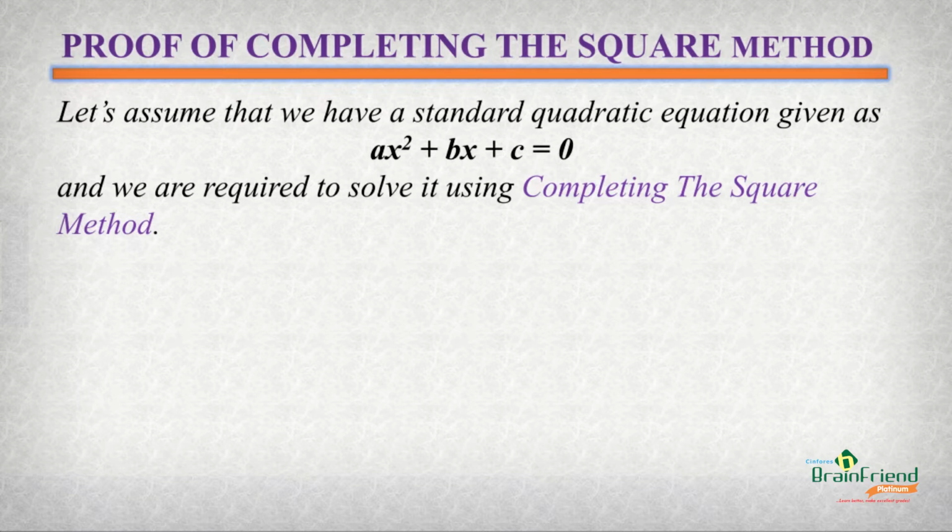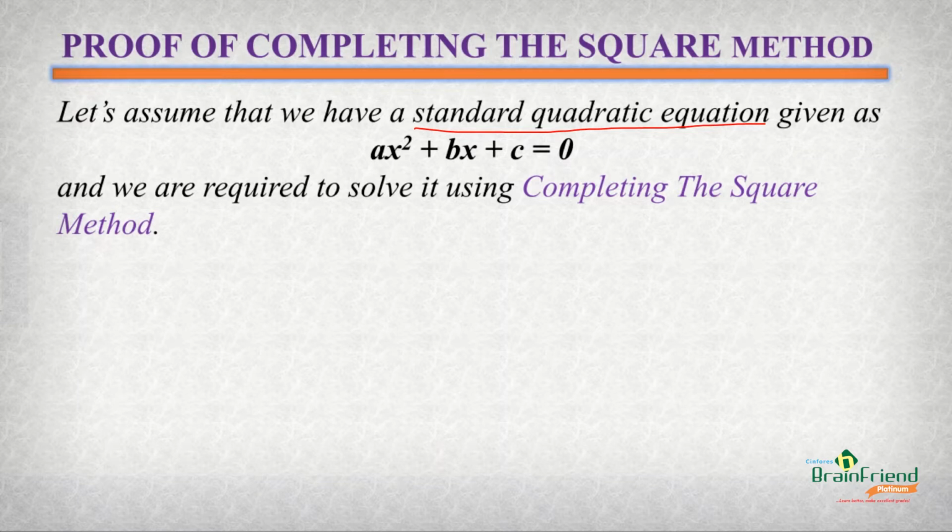Let's assume that we have a standard quadratic equation giving us ax squared plus bx plus c equal to 0. And we are required to solve it using completing the square method. Notice that I call this standard quadratic equation. The reason for that is not all quadratic equations are in their standard form.